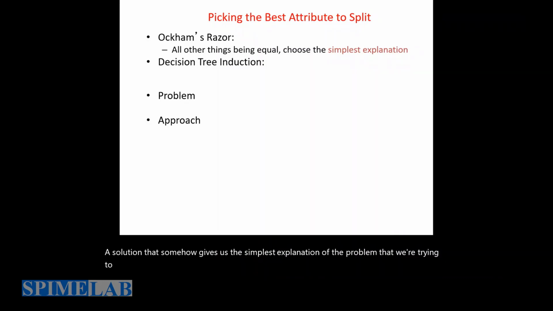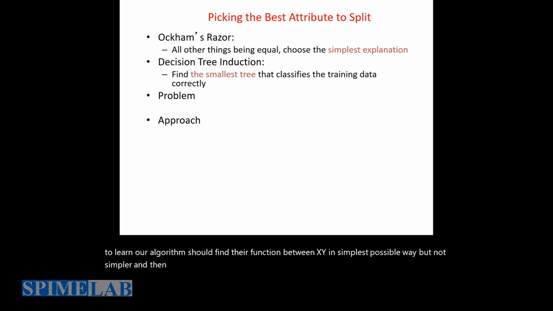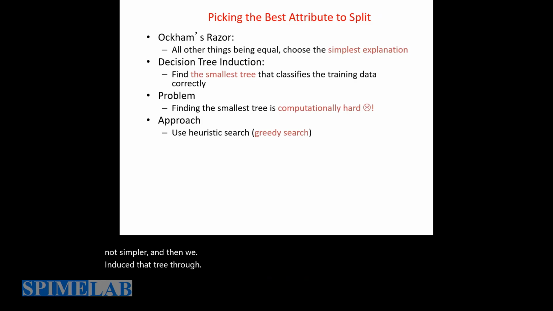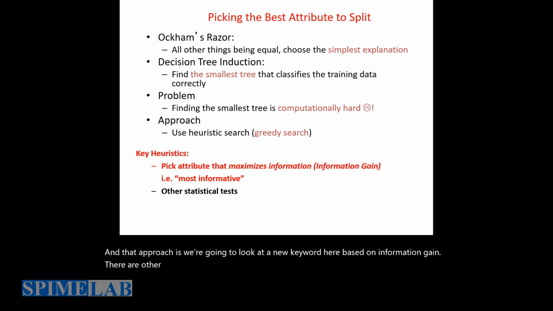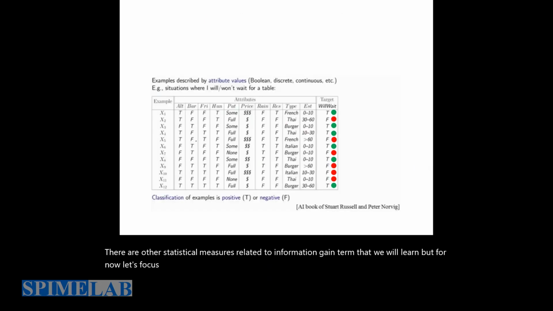Our algorithm should find the function between x and y in the simplest possible way, but not simpler. And then we induce that tree through a heuristic or greedy search approach. And that approach is, we are going to look at a new keyword here, based on information gain. There are other statistical measures related to the information gain term that we will learn, but for now, let's focus on information gain. What is it?